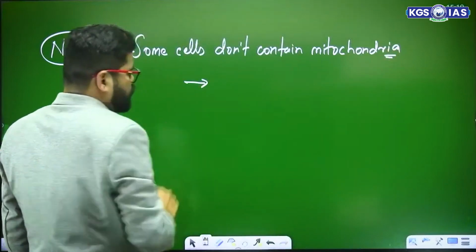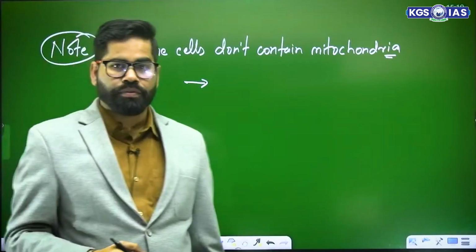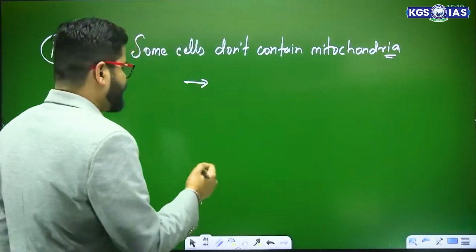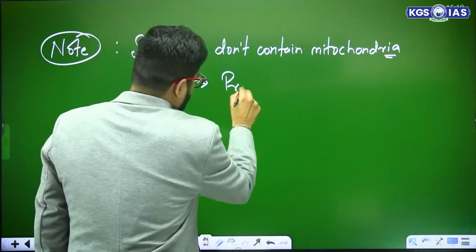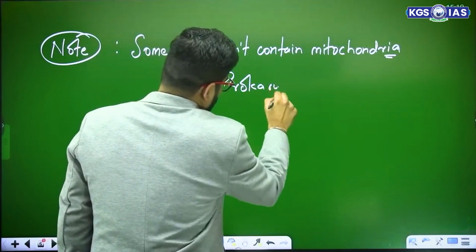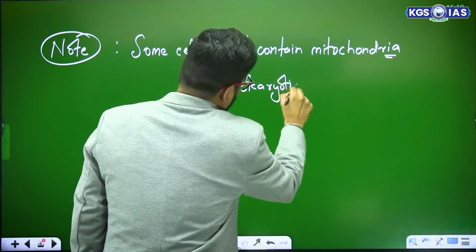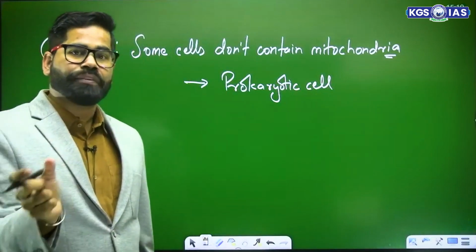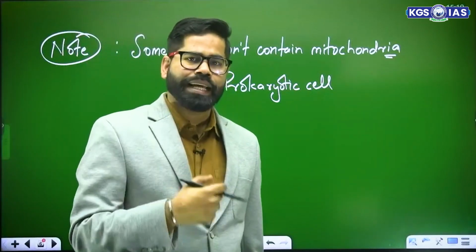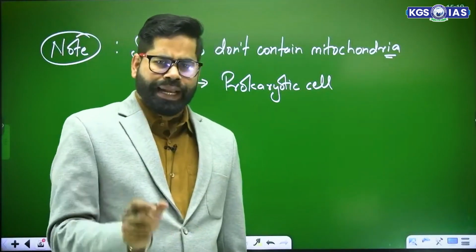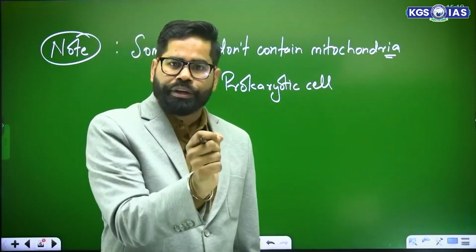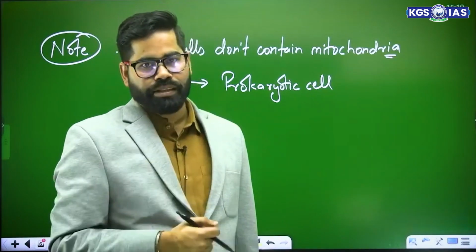So what are those cells which do not contain the mitochondria? Those cells are basically prokaryotic cell. Those who are not having well-defined nucleus are called as prokaryotic cell. In the first class, I have shown you a figure, although we will read about prokaryotic in detail in later classes also.